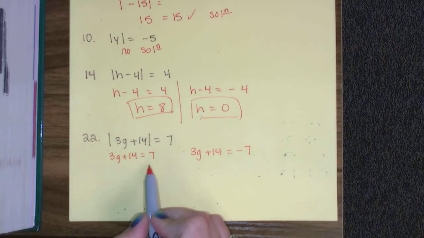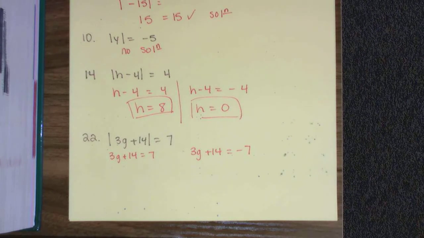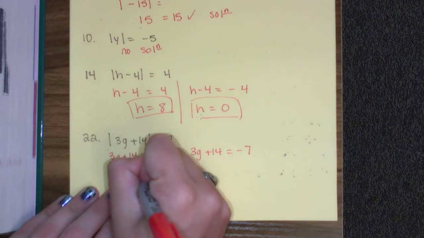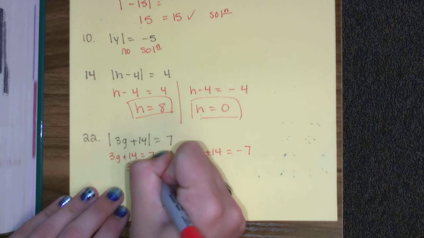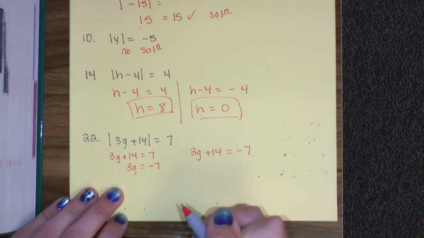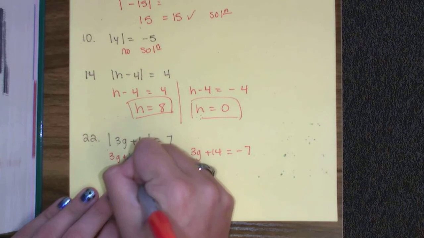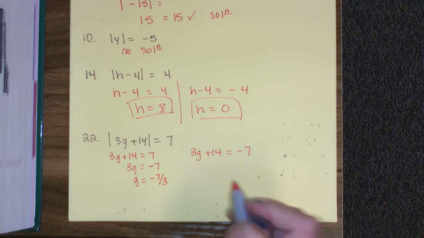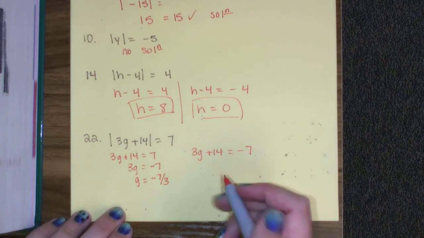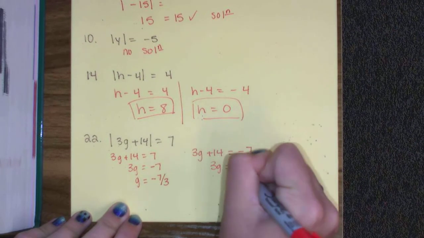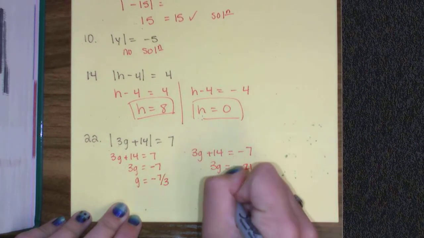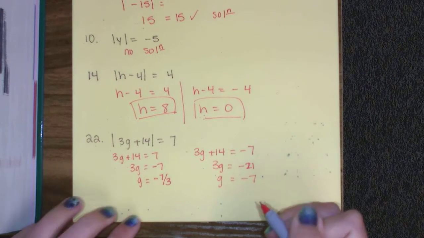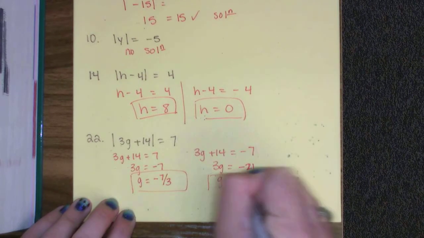Yep, so we set it up with one equal to 7, one equal to negative 7, and then solve for g. And then the other one. And so both of these are your answers for that one.